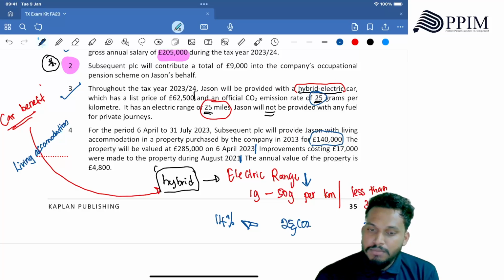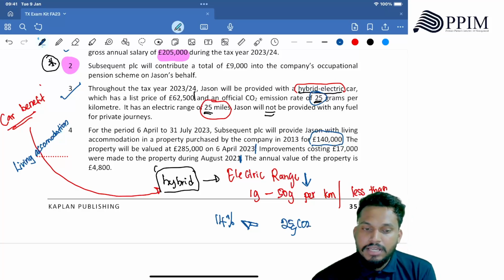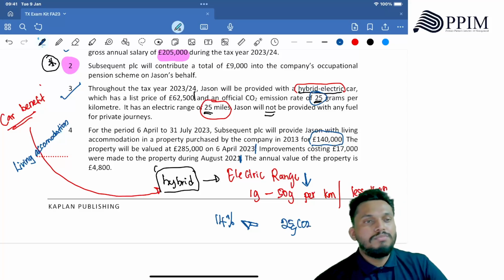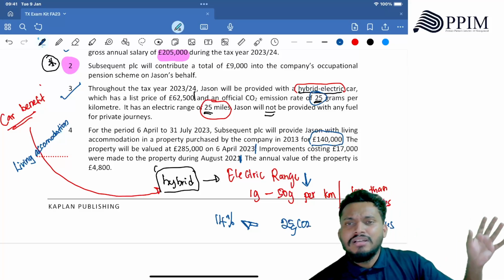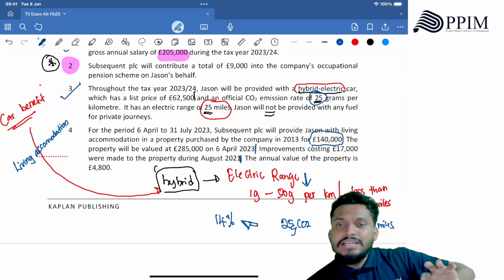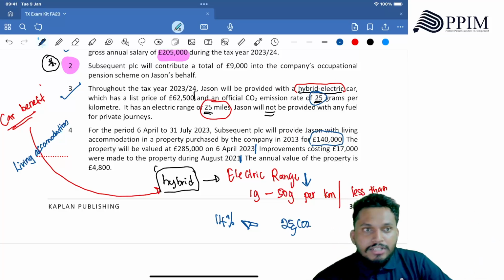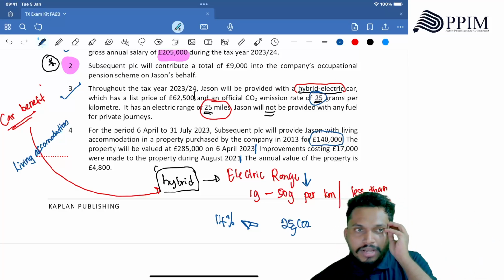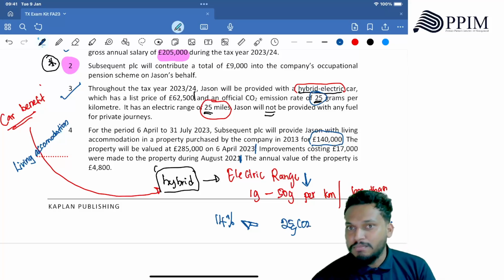So yet again, I'll read it to you. Jason will be provided a living accommodation in a property purchased by the company for 140,000 pounds. Who is purchasing this property? The company. Jason is not purchasing this, so that is not his income. We need to identify what sort of income we need to pull out of this and tax him.